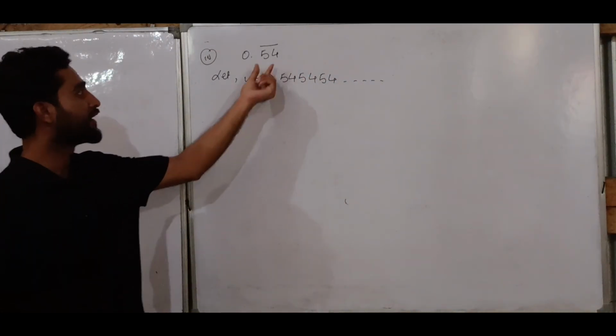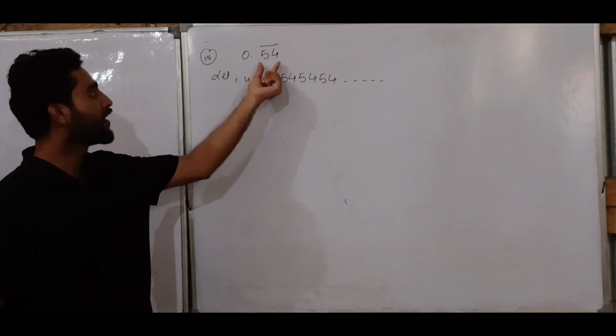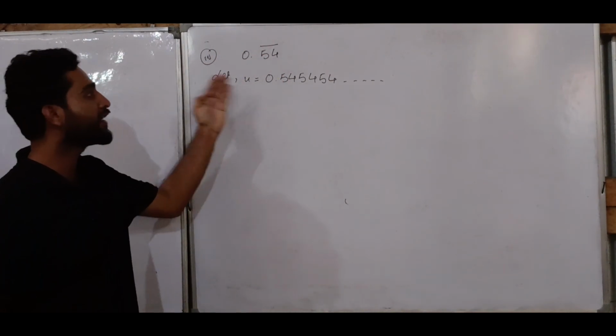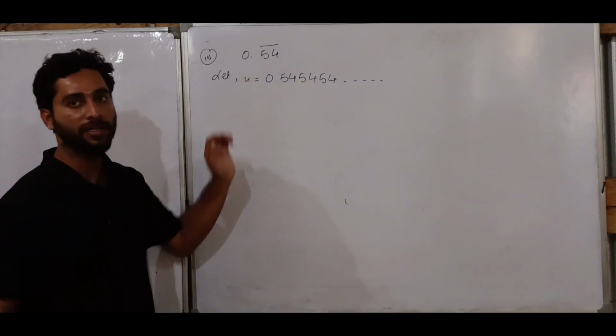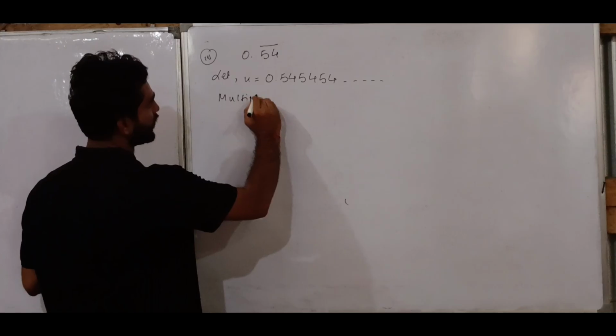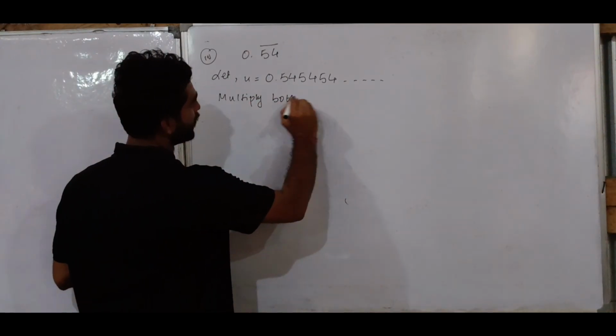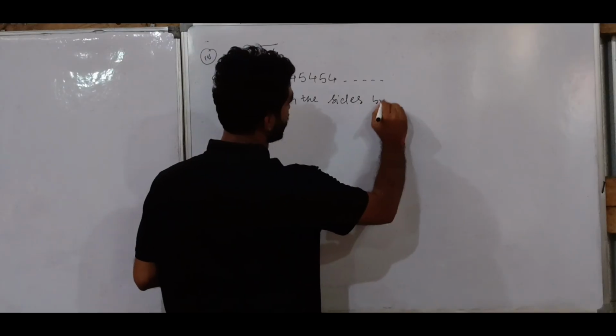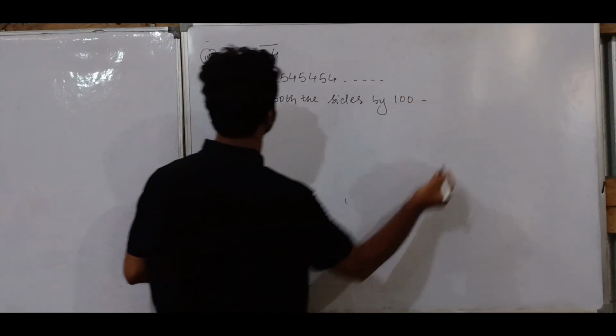Now here you see there is no digit which does not contain bar. Only 2 digits are there and above both the digits bar is there. So directly we can multiply both the sides by 100.